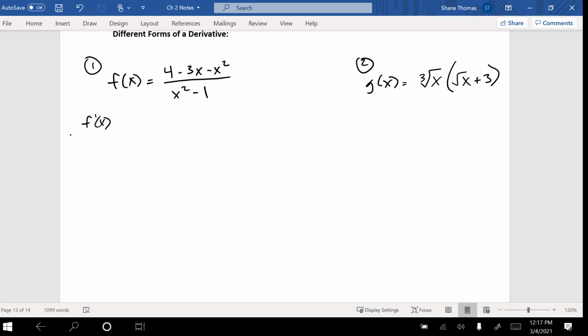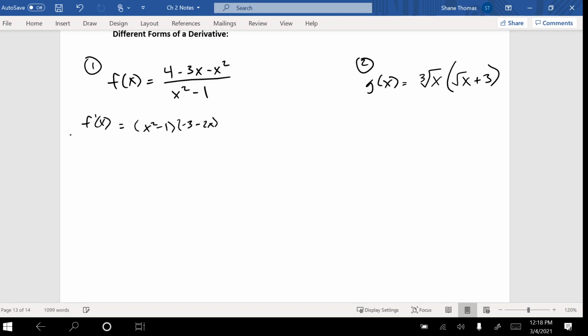So this is a pretty nice form to try to differentiate when I have to do the tops and the bottom, right? All right. So f prime of x, low, x squared minus 1, d high. So the derivative of the top, 4 goes away. Negative 3x is just going to be negative 3, minus x squared, so that's going to turn into 2x.